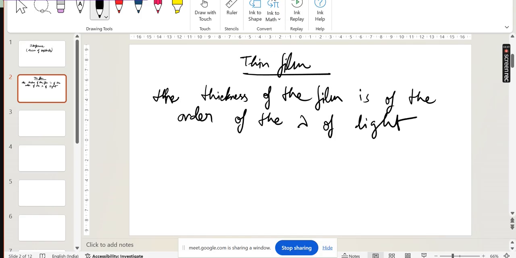So the film thickness is not a fixed dimension for all wavelengths. It depends on the wavelength whether it is called a thin film or a thick film. Our discussion of interference is solely focused on thin films, and the film will be called thin when its thickness is of the order of the lambda of the light we are talking about.